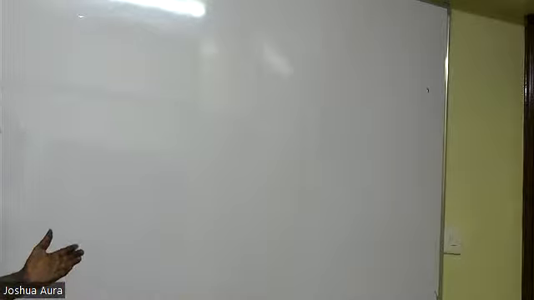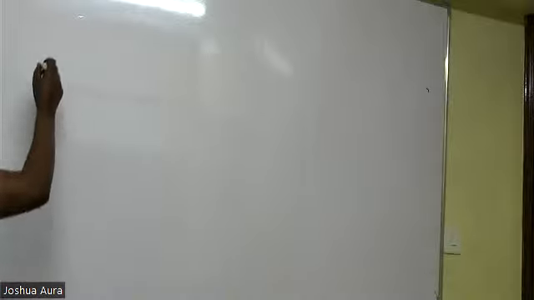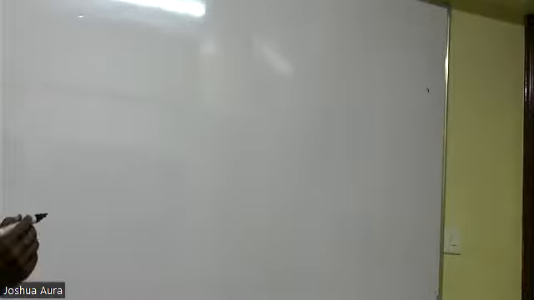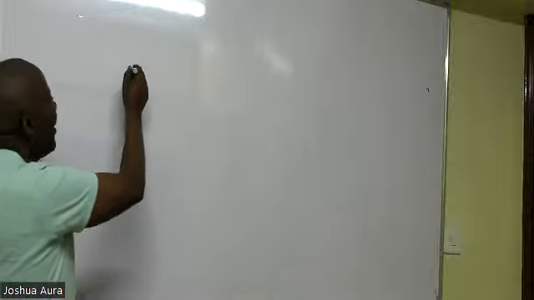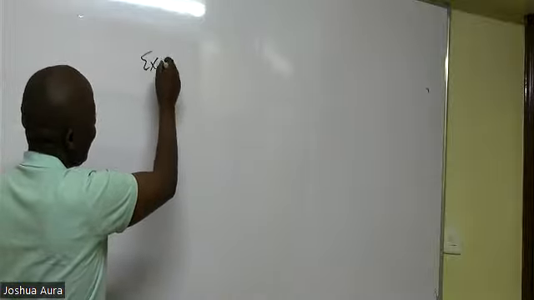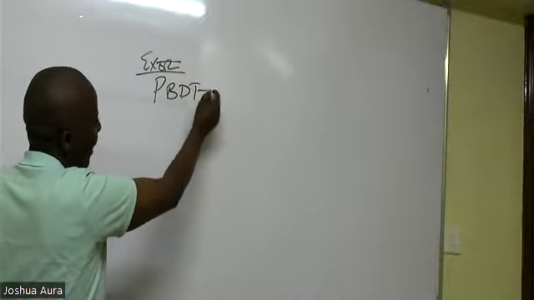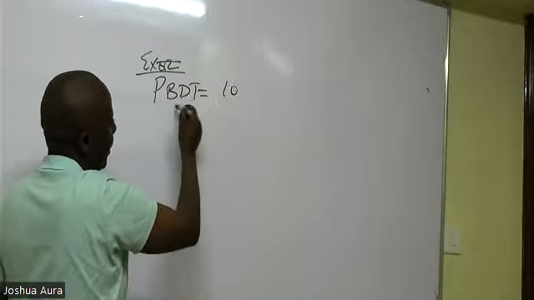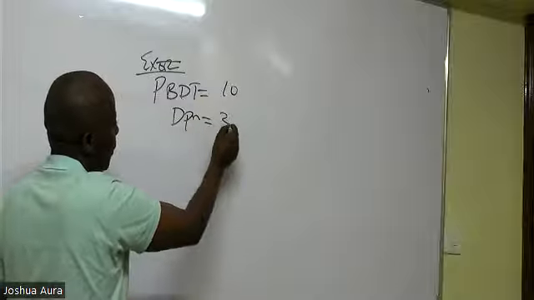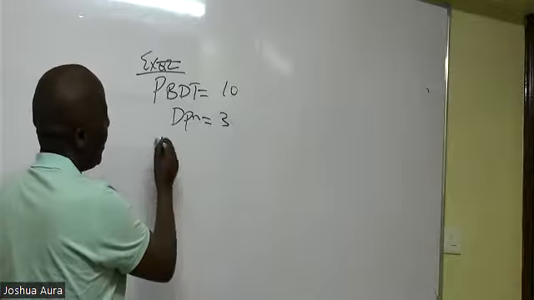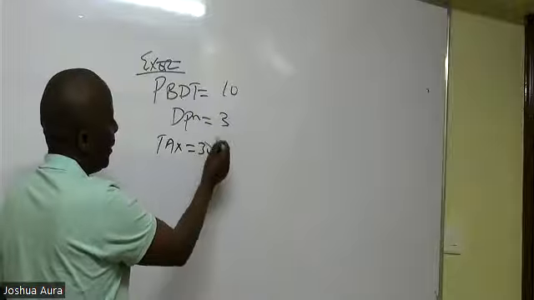Now, ladies and gentlemen, if, for example, you are given profit, these are basically exercises to help you. You're given profit before depreciation and tax of, say, 10, and then they give you depreciation of, say, 3, and then tax is 30%.